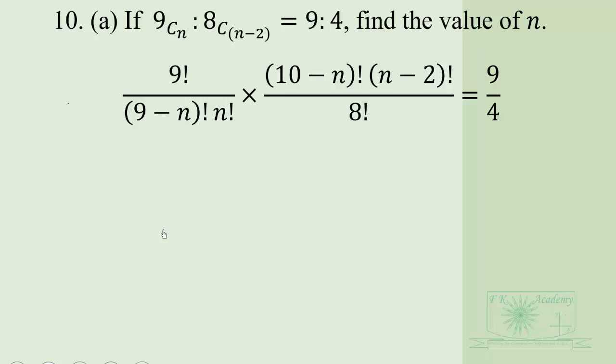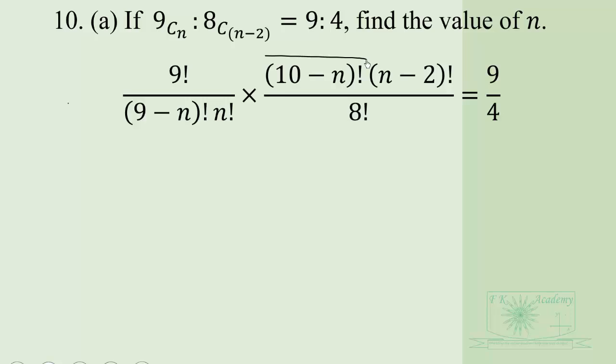So we have to continue to simplify further. We apply the definition of factorial again. So 10 minus n factorial, we can get 10 minus n, then we have 10 minus n minus 1, which will give us 9 minus n factorial over here.